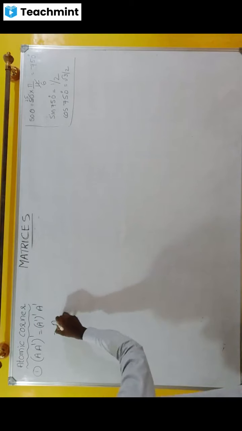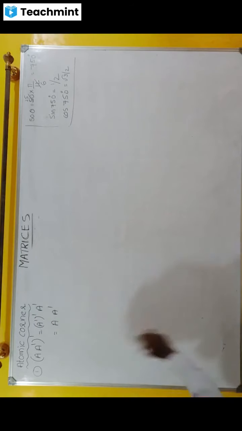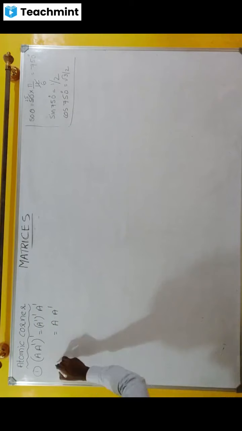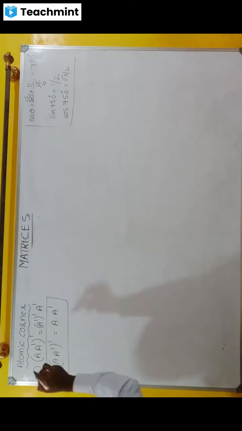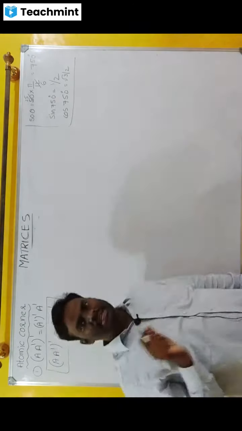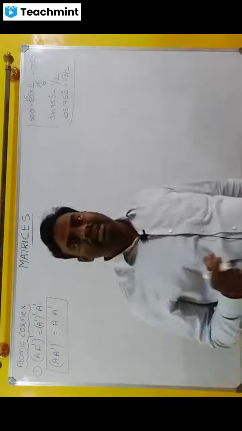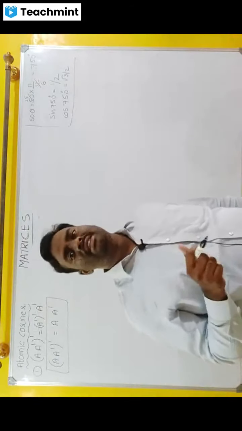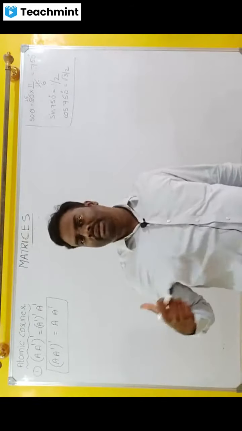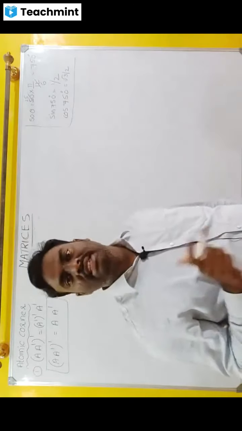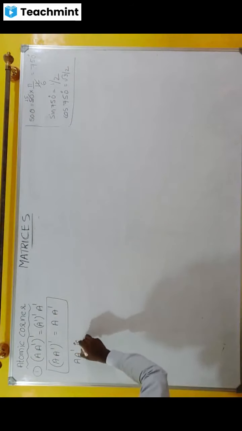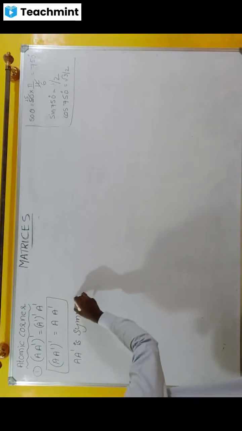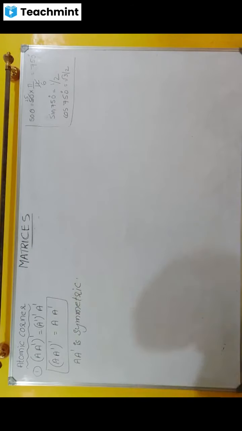A dash whole dash is nothing but A, so A into A dash whole dash is equal to A into A dash. Here a plus symbol is there, that's why it is called symmetric. If a minus symbol is there, it can be considered skew symmetric. Here there is no negative symbol, so this is a symmetric matrix. Then we can write A into A dash is a symmetric matrix. That is option 2, the correct answer.